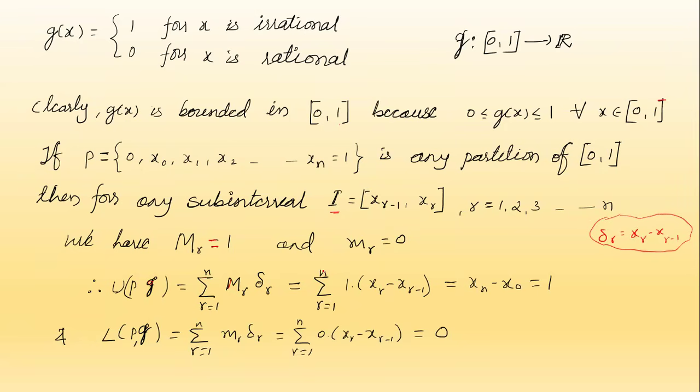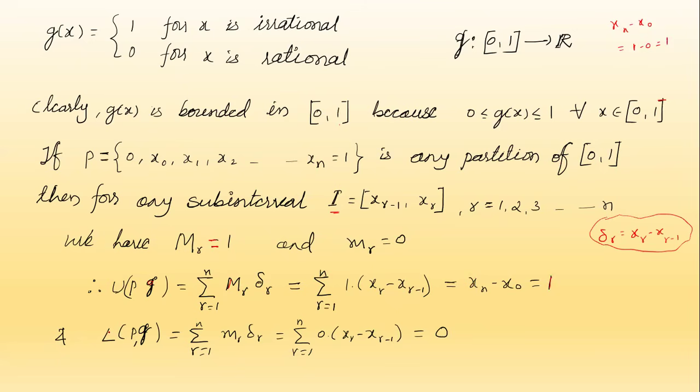Summation r equal to 1 to n of M_r, supremum of this is 1, so we get x_n minus x_0, which is 1 minus 0 equal to 1. Therefore, the value of this is 1.